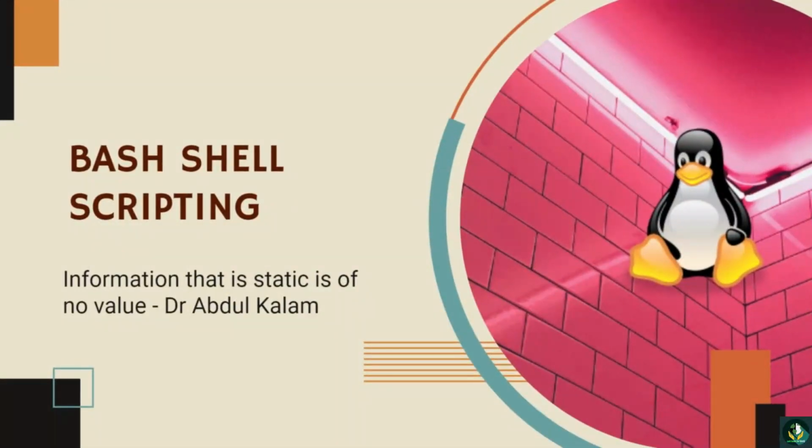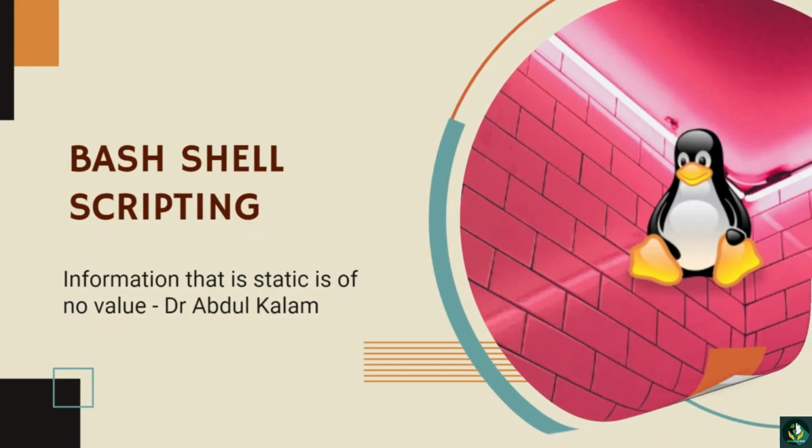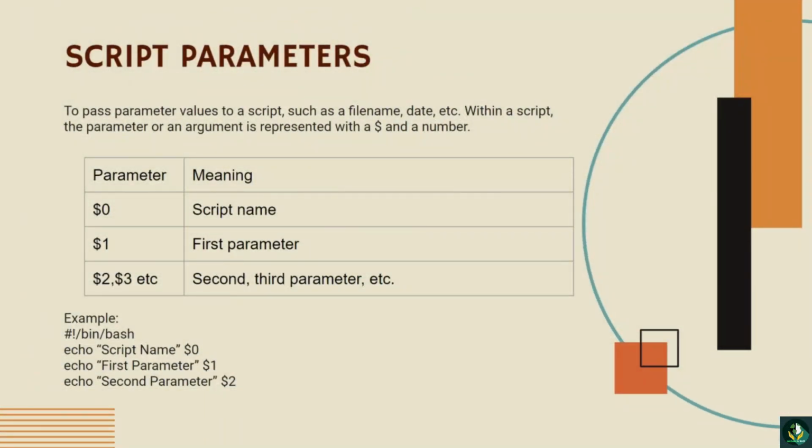Welcome back. In this section we are going to discuss script parameters. They are used to pass parameter values to a script, such as a file name, date, etc. Within a script, these parameters or arguments are represented with a dollar sign and a number.